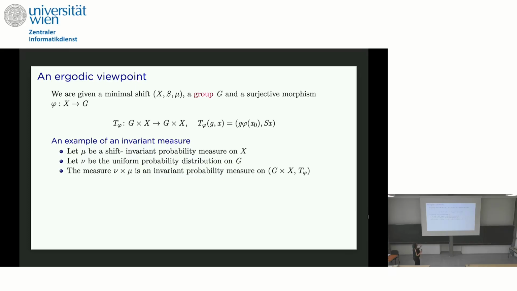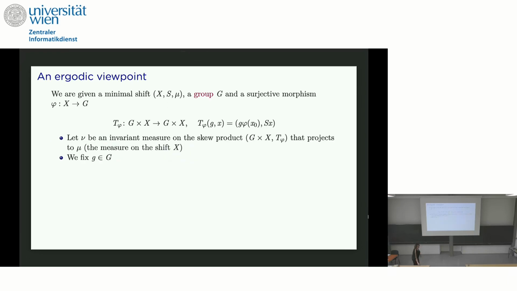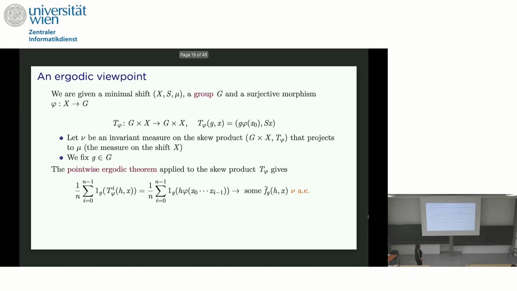So now we have an idea of our object, this new dynamics. Let's take an invariant measure on the skew product. We saw that we can make one with the counting measure times the measure from the shift. Fix an element of the group. So let's do ergodic theory. We might not need to have ergodicity.